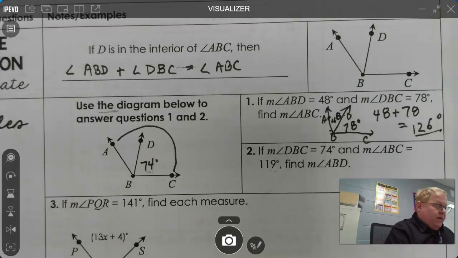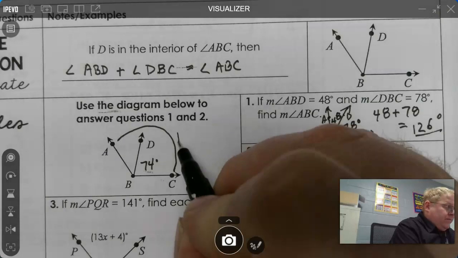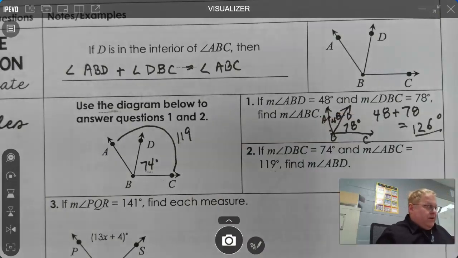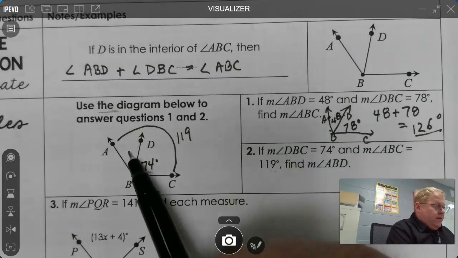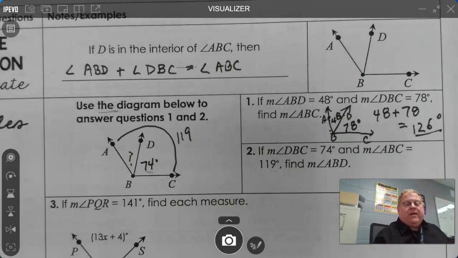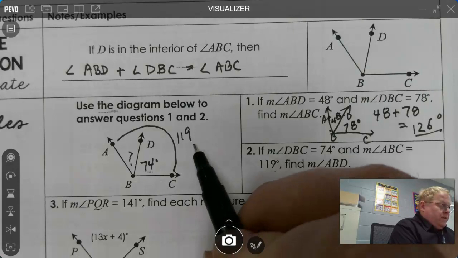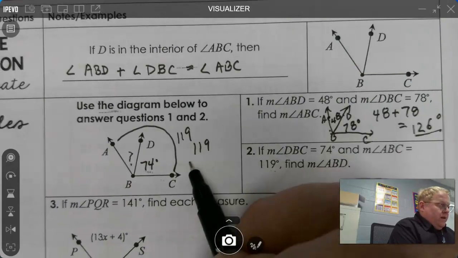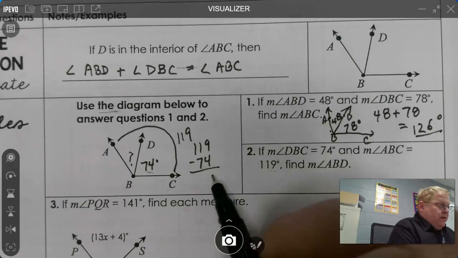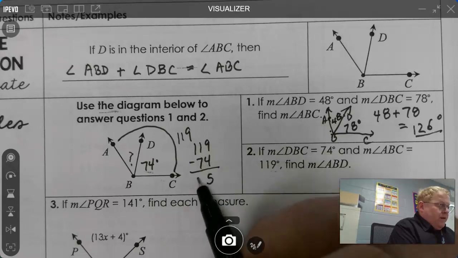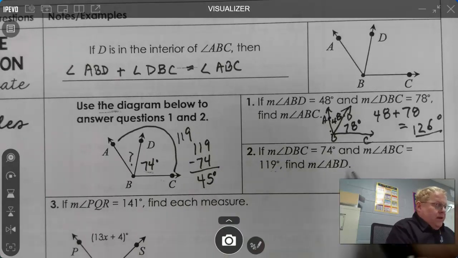ABC is 119. What they want to know is, what is ABD? In this case, it's a subtraction problem. I take 119, take away 74, and that leaves me with 45. So ABD is 45 degrees.